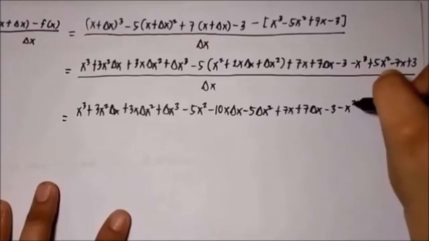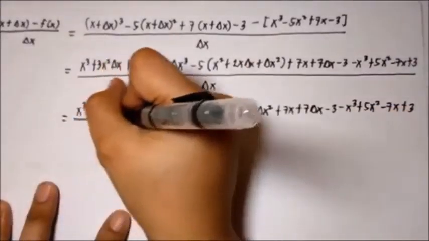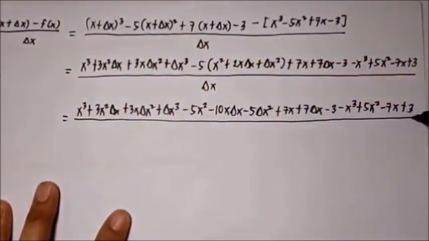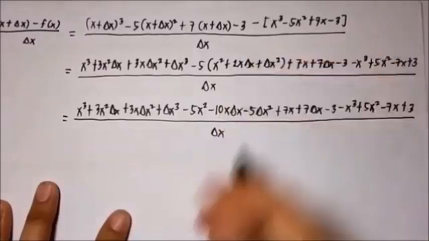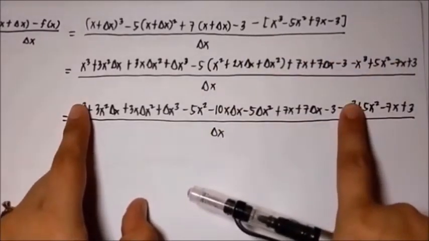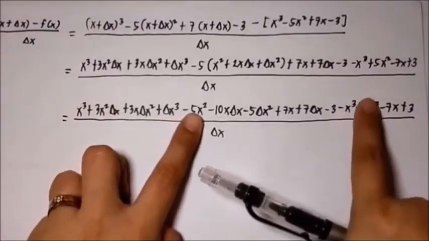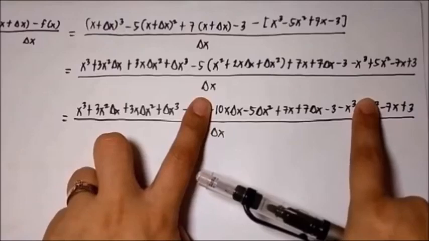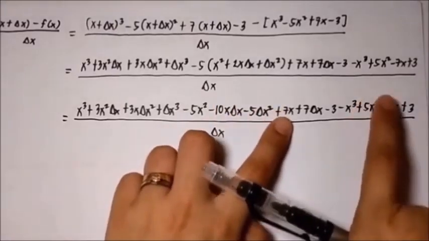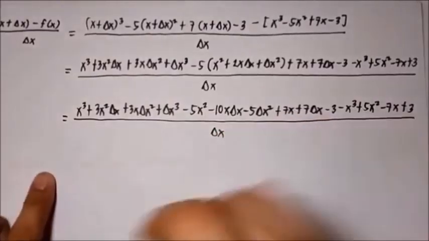Negative 3, negative x cubed, positive 5x squared, negative 7x plus 3. So let's now look at our given because we will be simplifying the numerator over delta x. X cubed, negative x cubed, so that would become 0. And then followed by negative 5x squared, positive 5x squared, another 0. Positive 7x, negative 7x, and then negative 3 and positive 3.